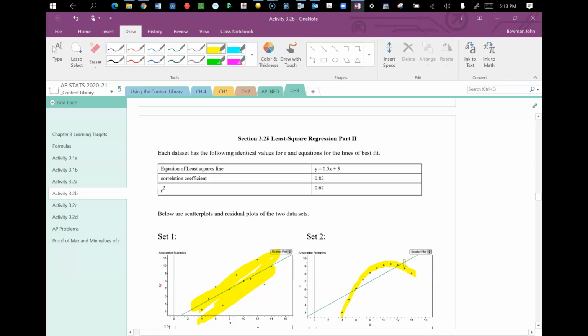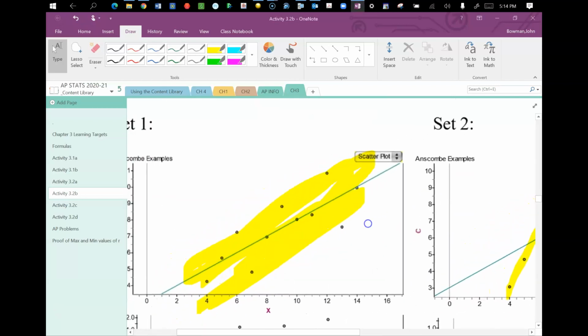So the next thing I want to talk about is another method that you can use to help you distinguish between whether you have a linear set of data or a curved set of data. If you recall, in the previous activity, we talked about the least squares regression line. The least squares regression line is the line that fits the data such that the sum of the vertical squared deviations from the line of best fit is a minimum.